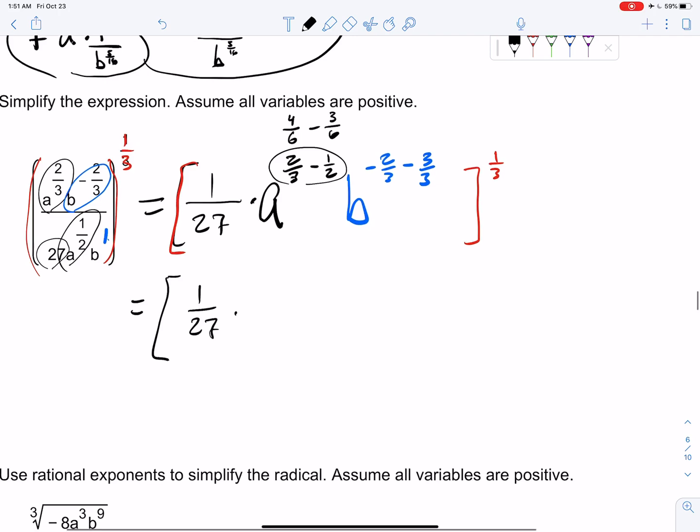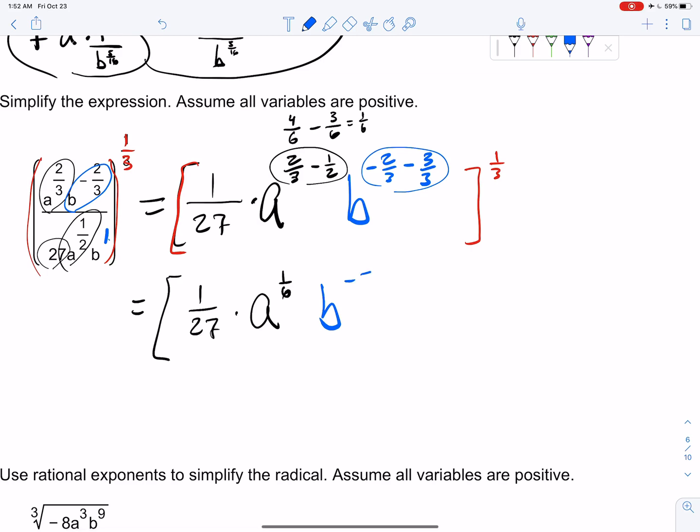So 4 minus 3 is 1/6. So this is now going to be a to the 1/6. Now this already has the same common denominator, so we have negative 2 minus 3 is negative 5/3.